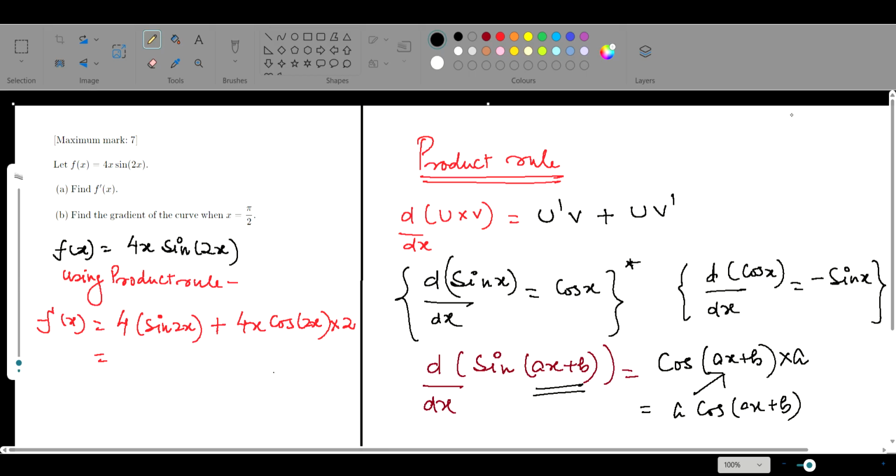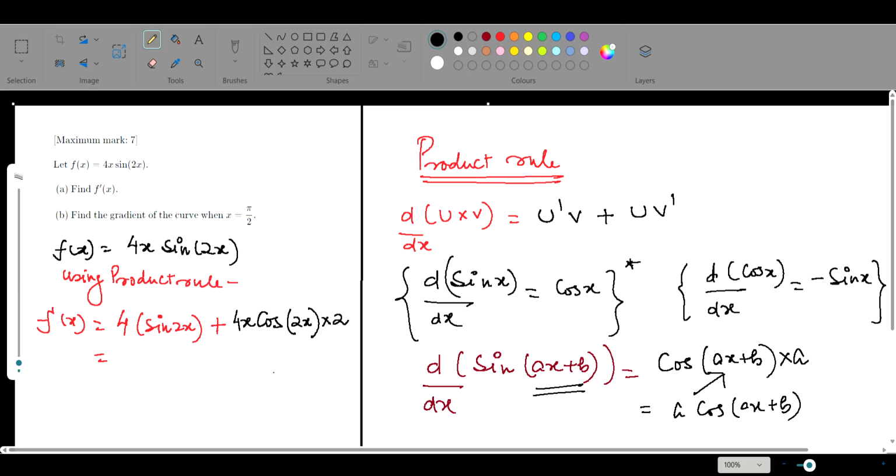If you see here, I did the same thing. I write here the first function as it is, that is 4x, and I differentiate the sine function. What is the differentiation of sine function? It's cos. And in the place of x, we have 2x, so I need to write the 2x here. Now, we also need to differentiate the 2x.